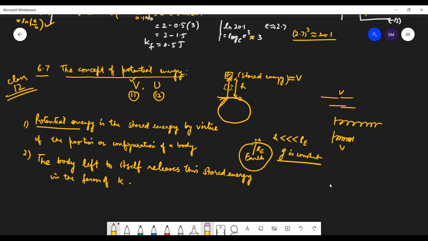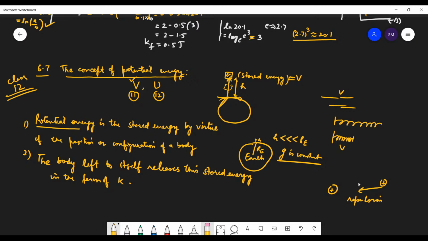So in the electromagnetic field, suppose this is a positive charge and this is again a positive charge. Now you are bringing this positive charge near to this, so they are like charges, so there will be repulsion due to the electric force, purely electric force here, not magnetic.